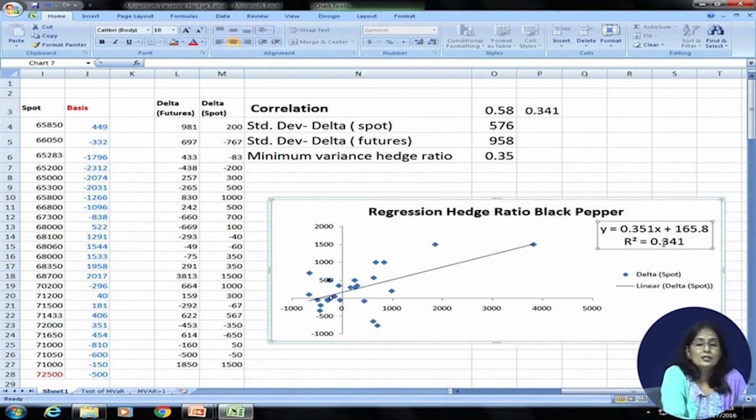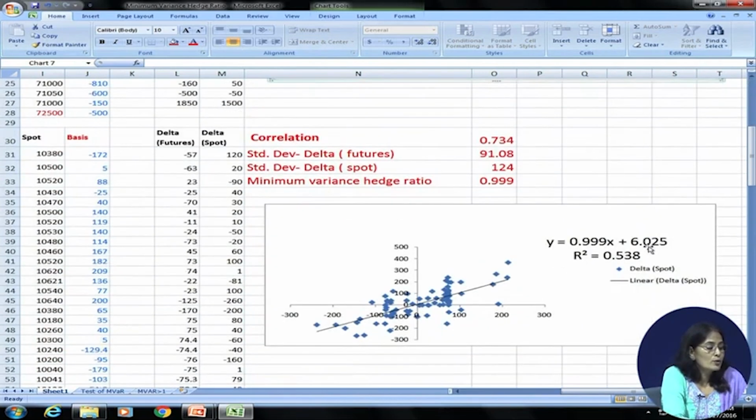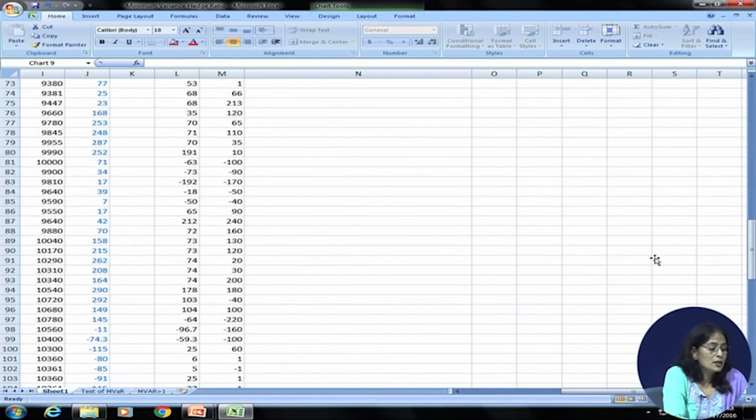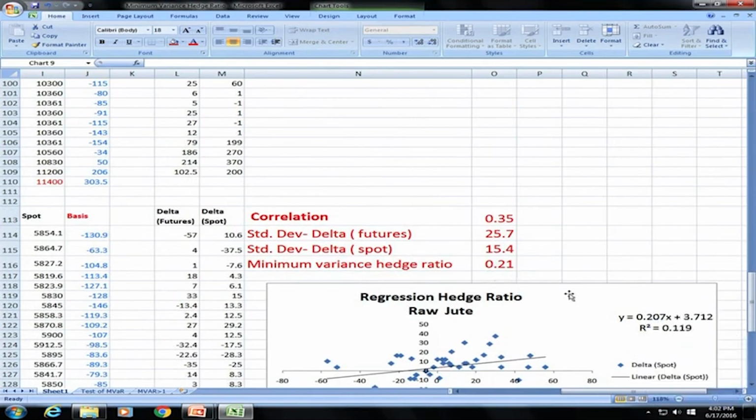So what exactly does this coefficient of determination explain? It explains how much variability of y, that is the delta spot, has been mitigated by adding the futures contract into the portfolio. Similarly, let's go to our other two contracts. For the isabgol contracts, the R square is 0.538, and for your raw jute, R square is 0.119.